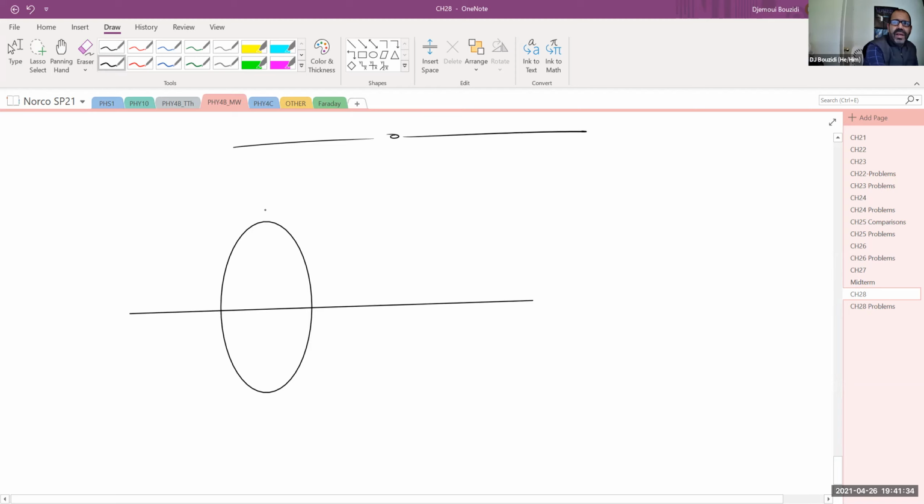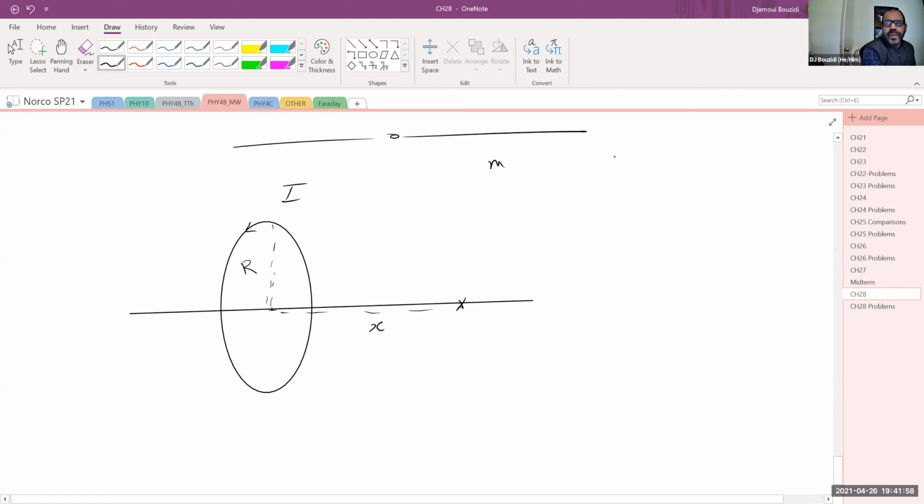I have a current I going through this loop in this direction, counterclockwise. And I want to find the magnetic field at some distance x from the center. So this is x. And the radius, in the book they use the letter A. I really don't like the letter A in here. I'm going to use the letter R anyway, the radius of this loop.